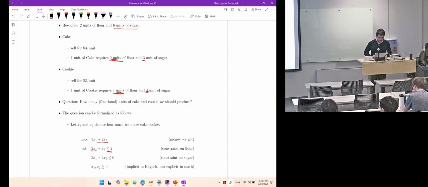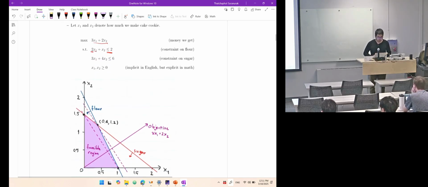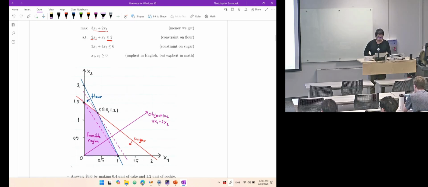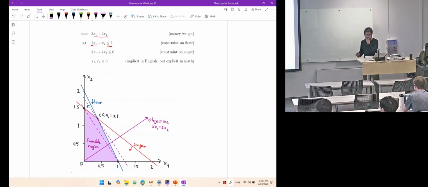Good. You can look at this in a geometric way too. If you look at the constraint for flour, you can create a graph here, where this is the axis of x1 and this is for x2.